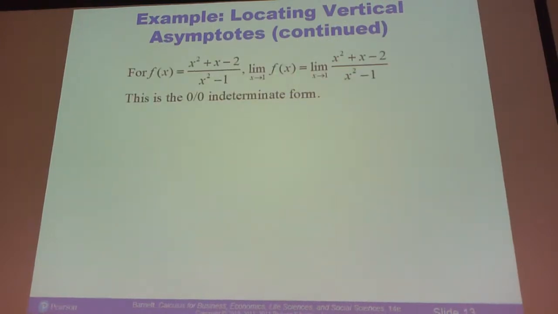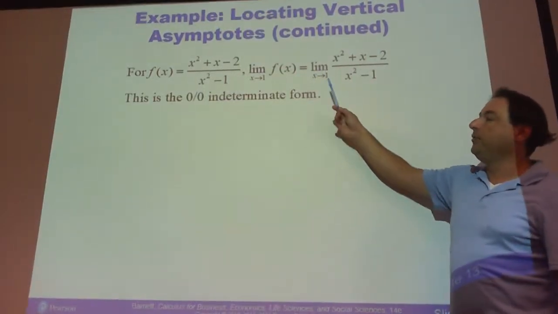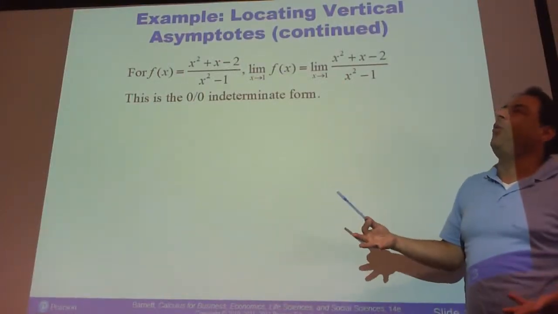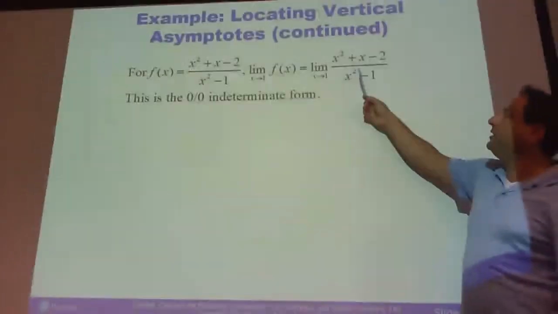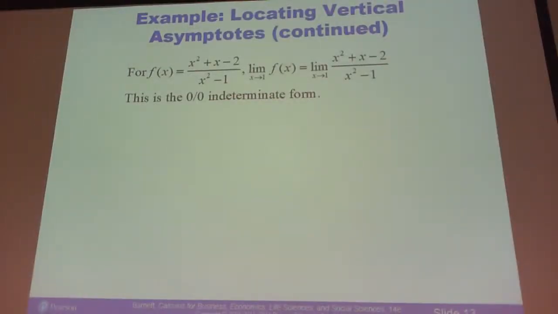So what I'd like you to do is find the limit as x approaches 1, because we know there's a vertical asymptote at -1 and a horizontal asymptote at 1, but what's going on at 1? If you plug 1 into the top, and 1 into the bottom, what do you get? You get 0 over 0. Does that mean we stop there, or do we explore further?